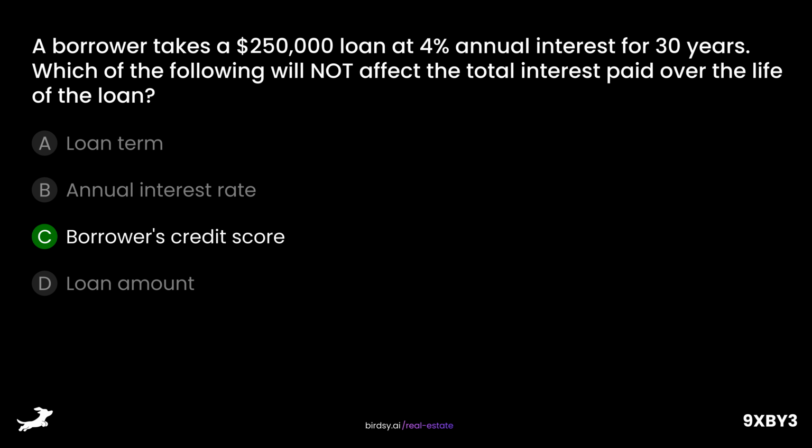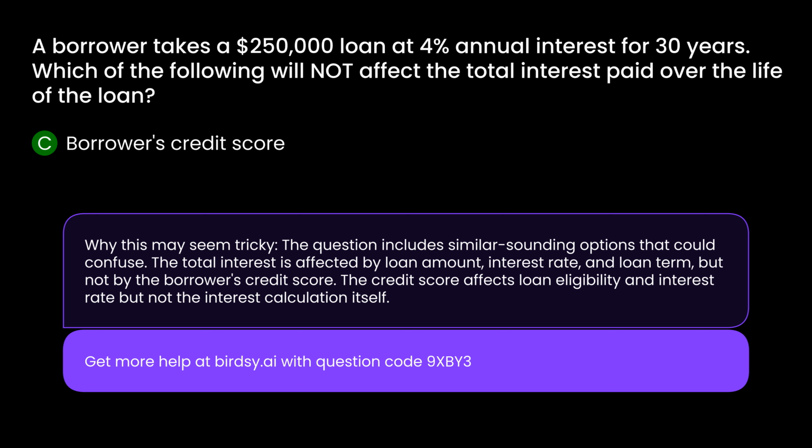The answer is C, borrower's credit score. Why this may seem tricky. The question includes similar-sounding options that could confuse. The total interest is affected by loan amount, interest rate, and loan term, but not by the borrower's credit score. The credit score affects loan eligibility and interest rate, but not the interest calculation itself.